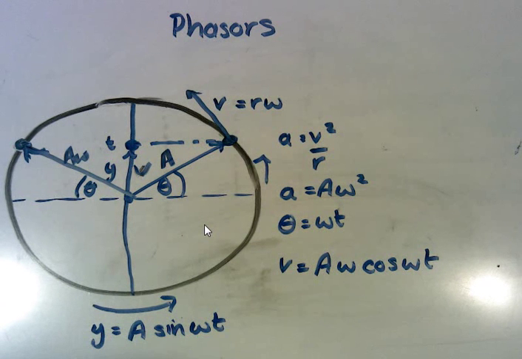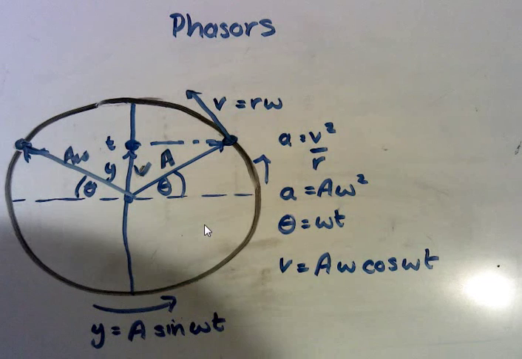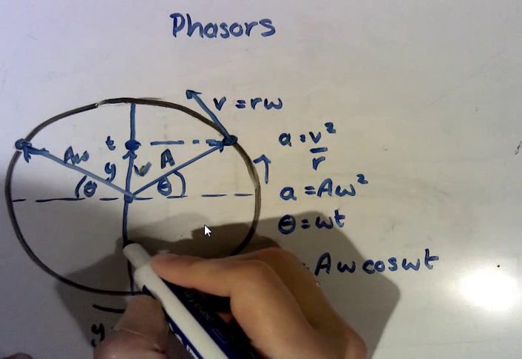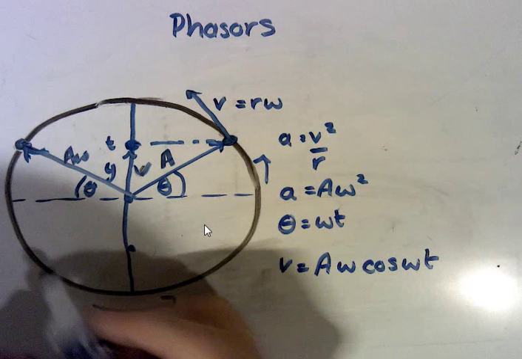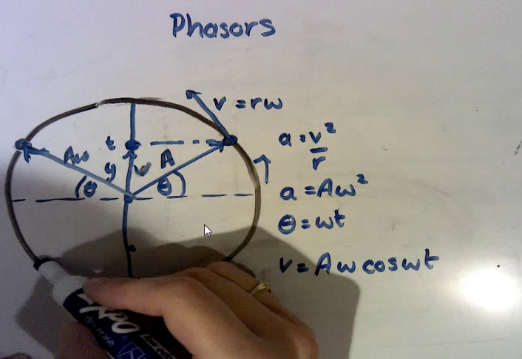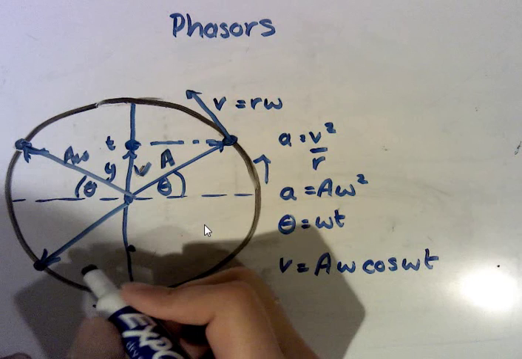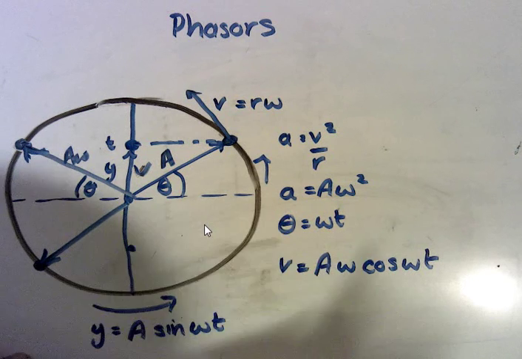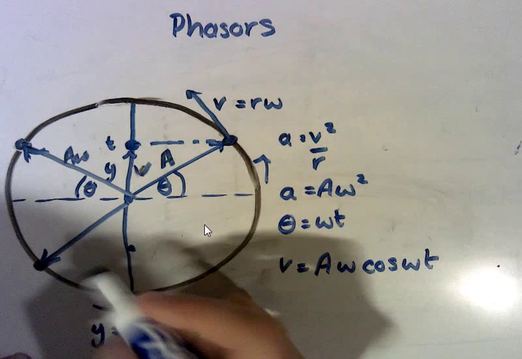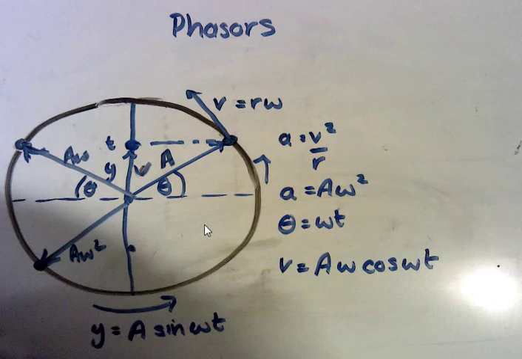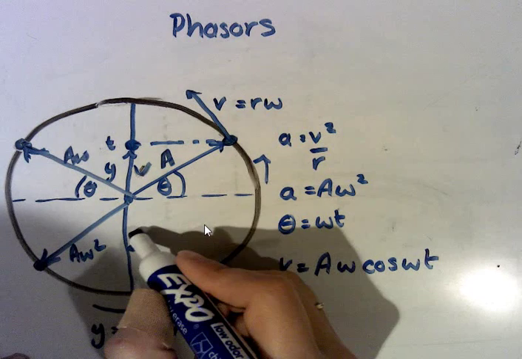Again, we're going to have moved through theta degrees, and again, this expression comes from differentiation. Here's our acceleration vector, the size of our acceleration, and then we're differentiating our cosine term.